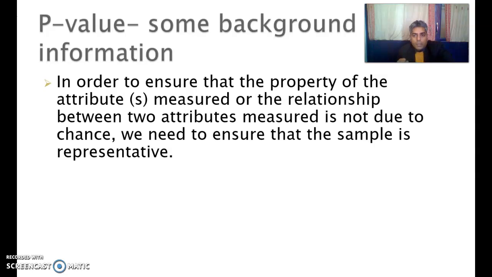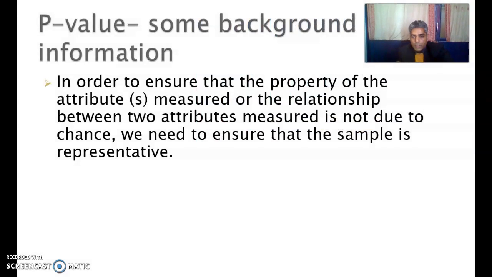Now, in order to ensure that the property of the attributes measured, or the relationship between the two attributes measured, is not due to chance, we need to ensure that the sample is representative. Okay, so now this is a very important assertion, a very important statement that has been made here.